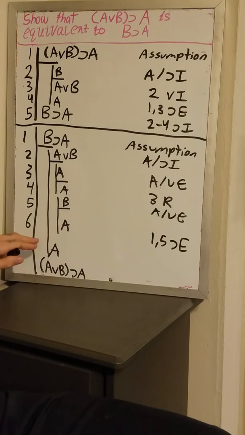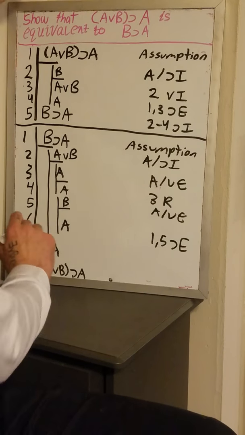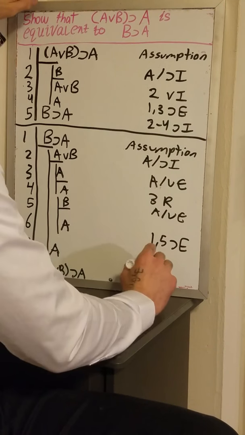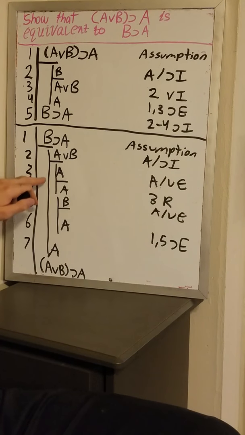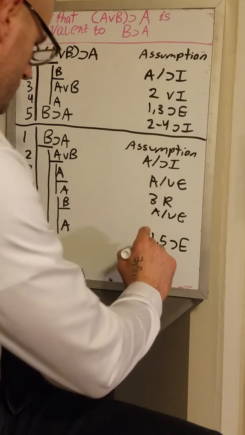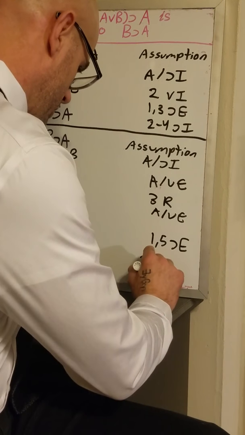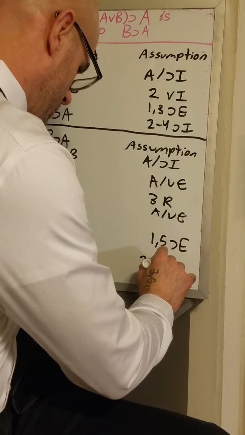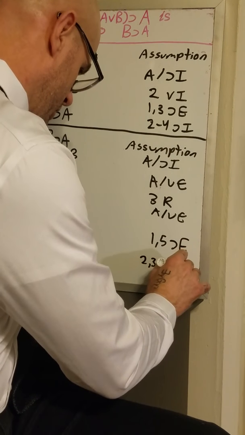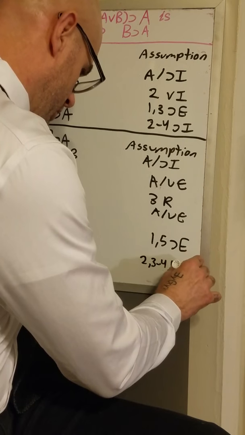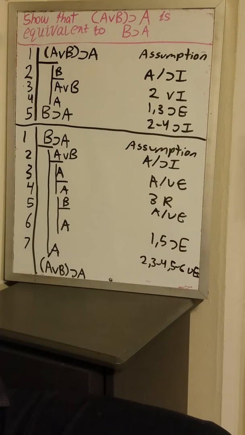Okay, so A follows from disjunction elimination on lines 2, 3 to 4, and 5 to 6. So we can go ahead and conclude this now.